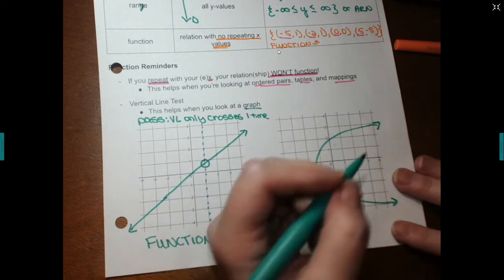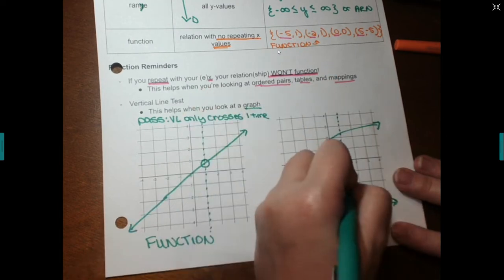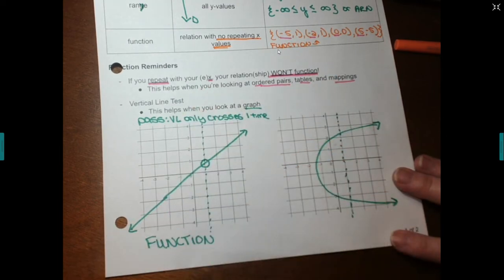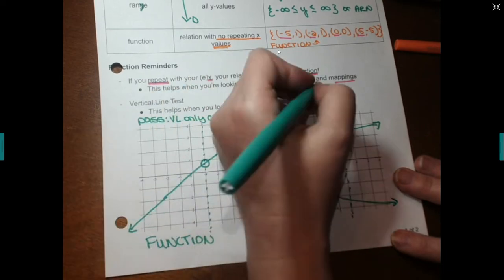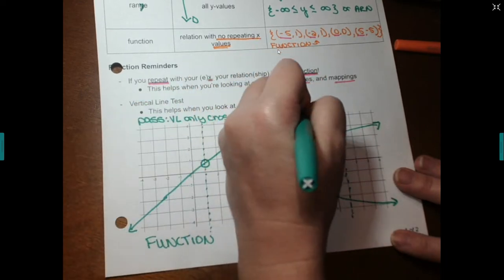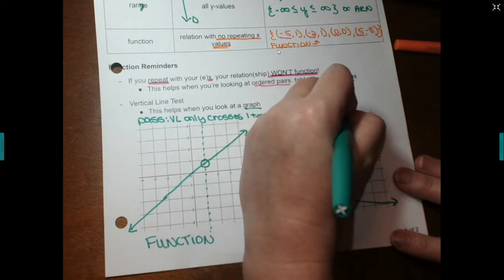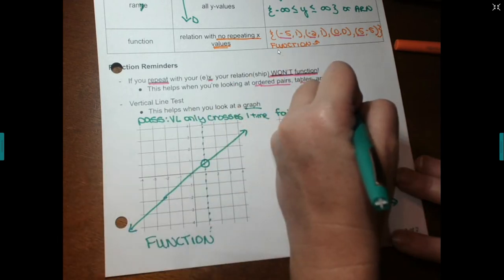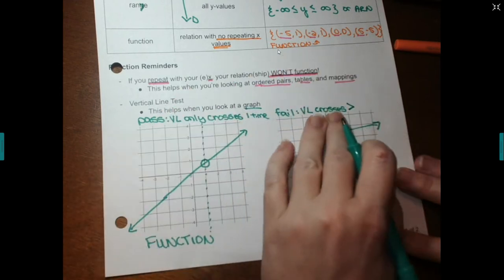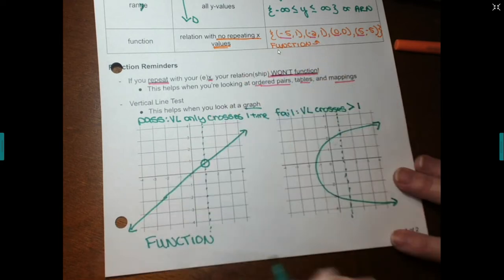Now, I think we can all figure out that this one fails the function test. But let's think about why. So this does fail. And it's because the vertical line crosses, and I'm going to use a little inequality here, more than, so the number of times that the vertical line crosses is more than 1.